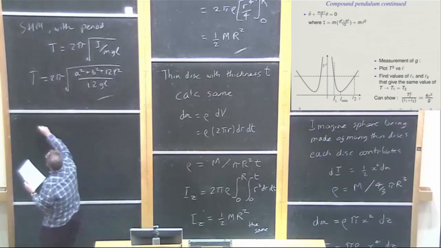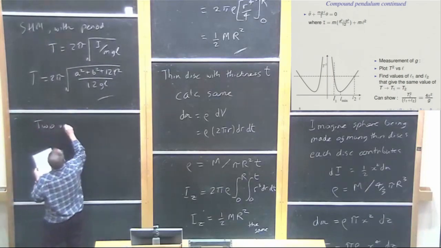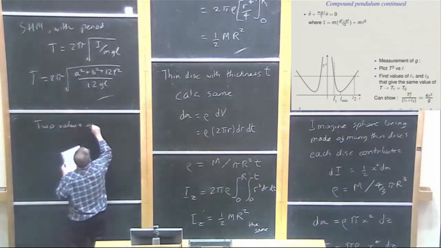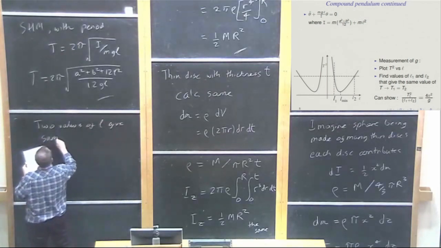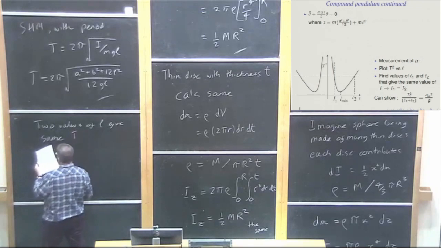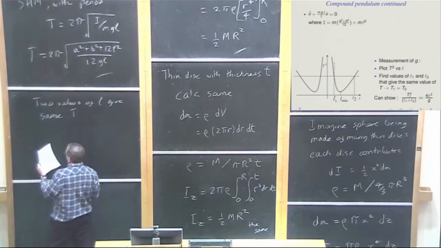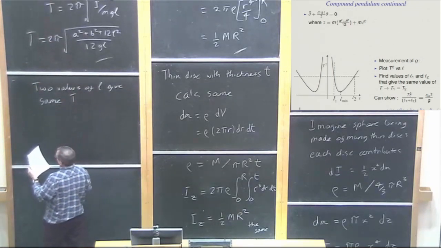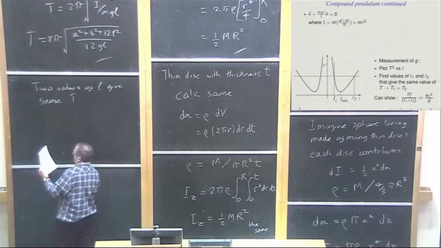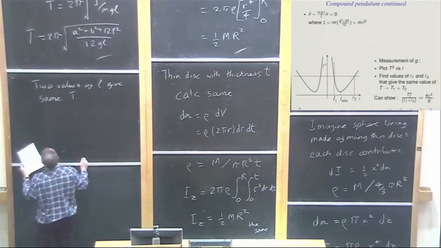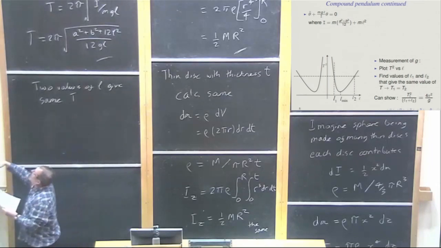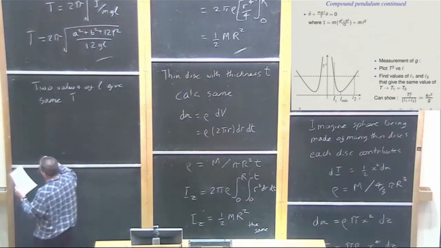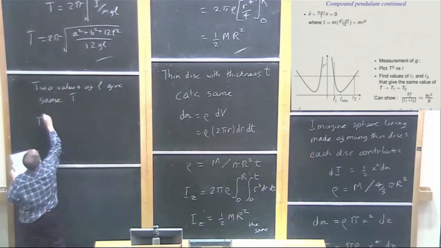So two values of L give the same period. Let us make use of this. In one case, let's talk about T1, L1, and T2, L2. So we have T1 squared.